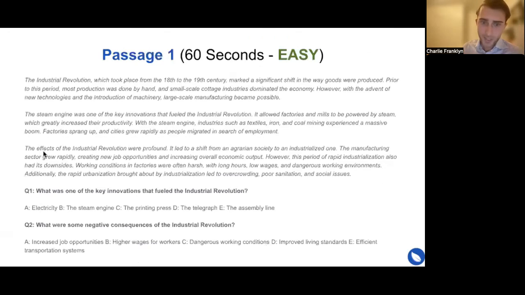So this first passage, which most students found easy, the reason that everyone in the exam is going to find this easy is this passage is 190 words. And the average person reads at about 240 words per minute. And so that means everyone's going to have time to read this, and most people are going to have time to find the answers. So even if the questions were difficult, a lot of students are still going to find the answers.